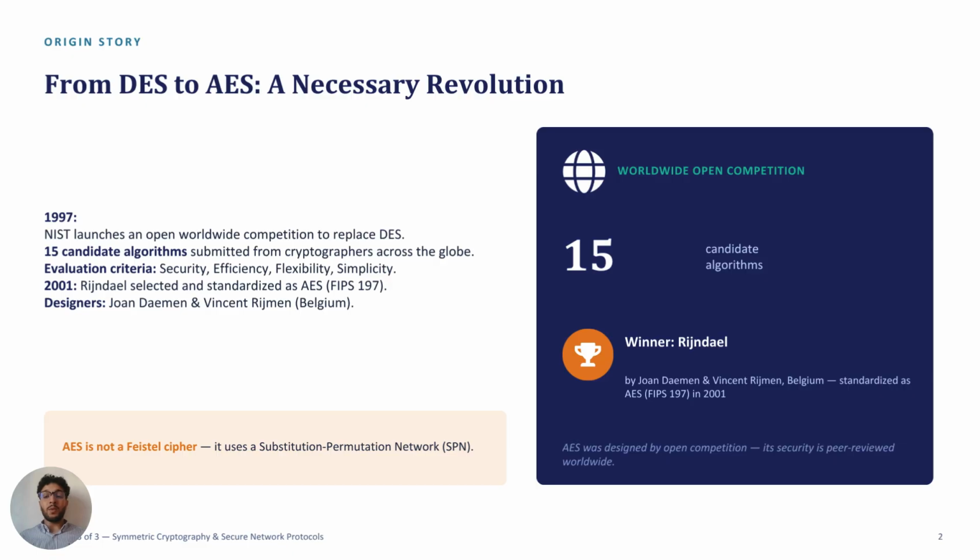In 2001, NIST selected the Rijndael cipher, designed by Belgian cryptographers Joan Daemen and Vincent Rijmen, and standardized it as AES. This open competition model means AES security is backed not by government authority but by the cryptographic community, sustained by worldwide analysis.